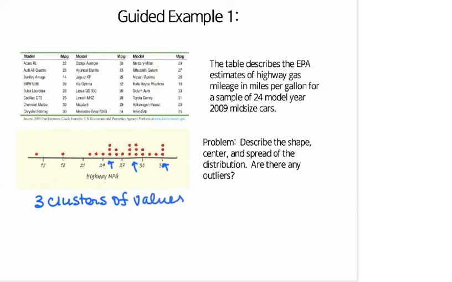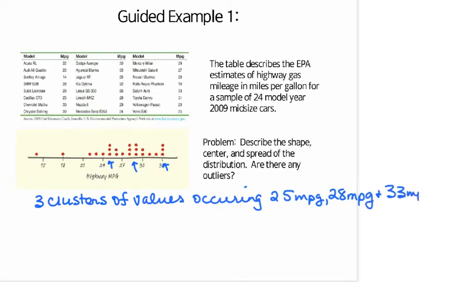And those occur at 25 miles per gallon, about 28 mpg, and 35, I can't read that, but 33 maybe? 33. And because I have three peaks, I would call this multimodal.